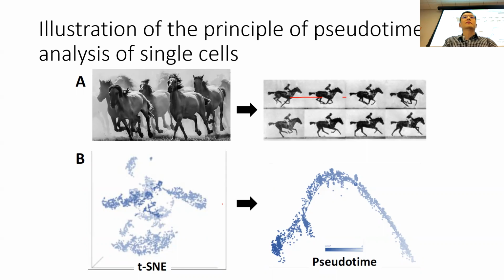So very likely if you have a t-SNE plot, you have a group of cells, and you want to somehow linearize the cells. Assume you follow a pseudotime.